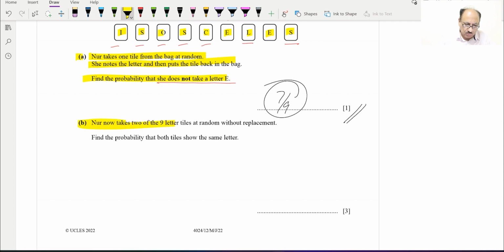Now she takes 2 of the 9 letter tiles at random without replacement. Find the probability that both tiles show the same letter. So both show the same letter will be what?